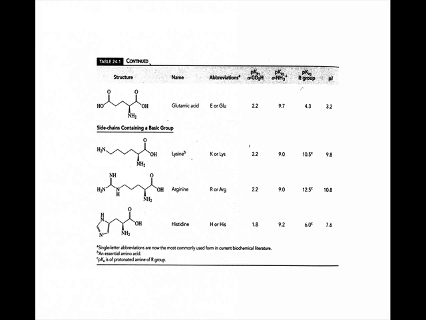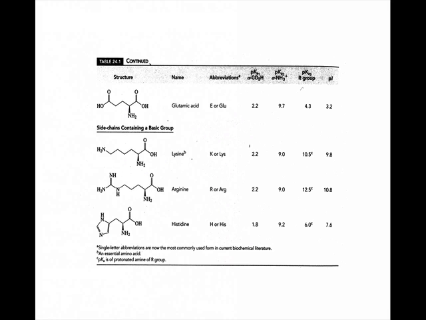So what's this pI value? I think we all understand the pKa's. We know what the pKa of a carboxylic acid is, and of an amine, whatever the side group is. Well, what's pI? You can guess.